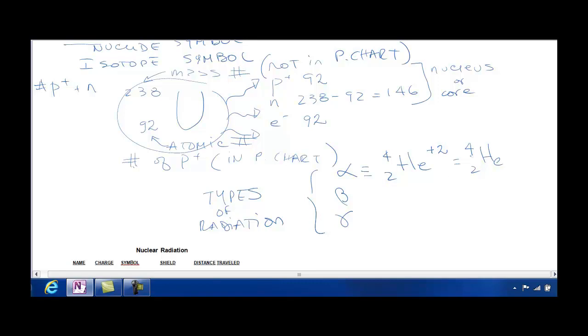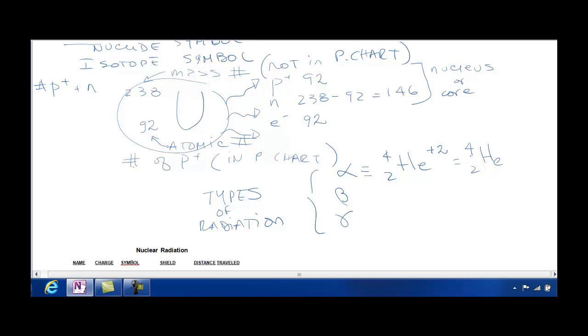What charge is an alpha particle going to have? What do you think? Positively charged. These are very light particles, so if we are to shield ourselves from an alpha emitter, from an isotope that's shooting out, emitting alpha, a very thin piece of paper would be enough. Very thin clothing. In Miami, we wear t-shirts.